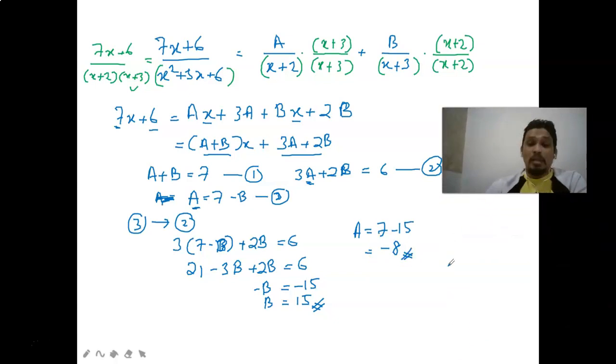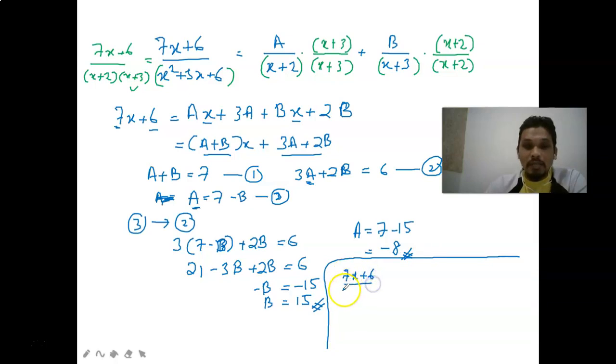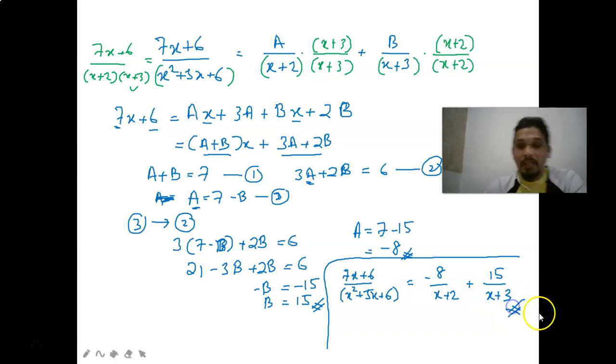Right now, the equation of this: 7x plus 6 divided by x squared plus 5x plus 6 equal to A is negative 8, negative 8 divided by x plus 2, and B is 15, plus 15 divided by x plus 3. That's it.